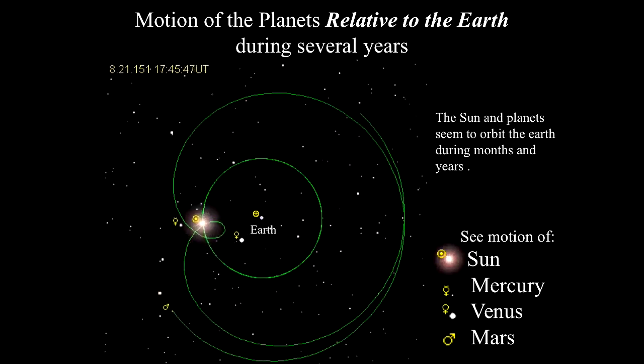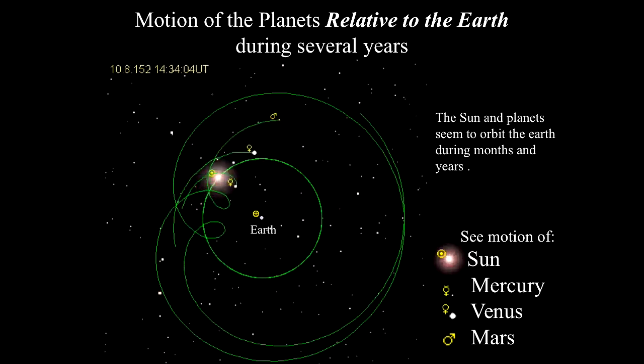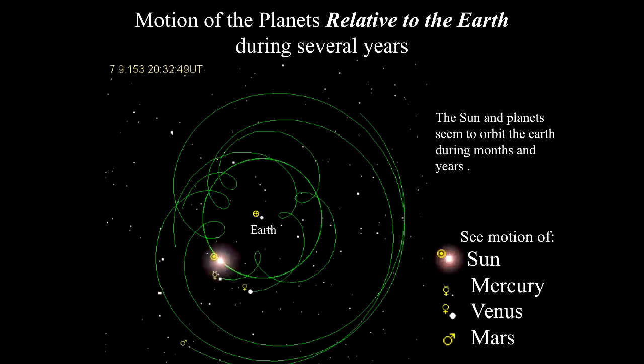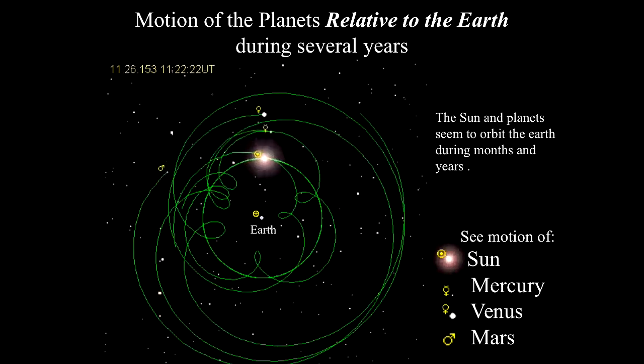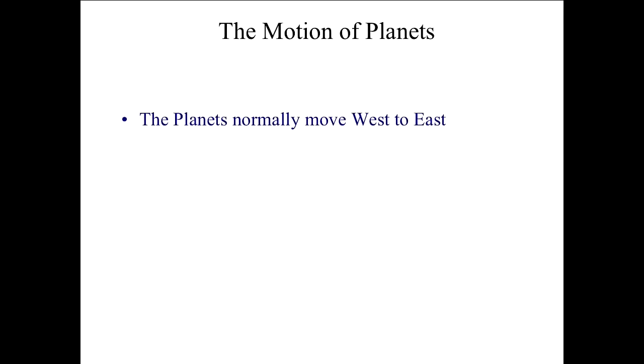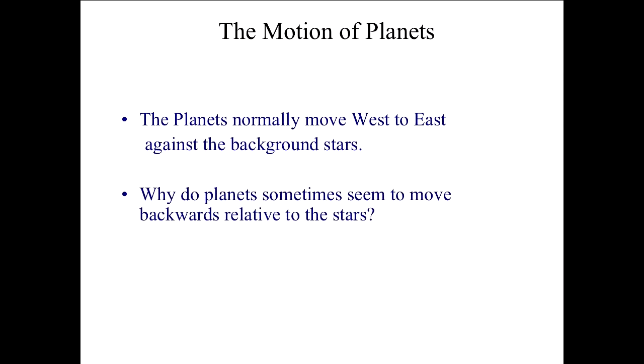You simply have to explain why it is that occasionally a given planet, like Mars does, goes backwards for a few days or weeks. Has to be a reason for it. So the Greeks thought deeply about the model of the solar system, and they noted planets move from west to east against the background stars, but occasionally Mars and even the other planets go backwards.